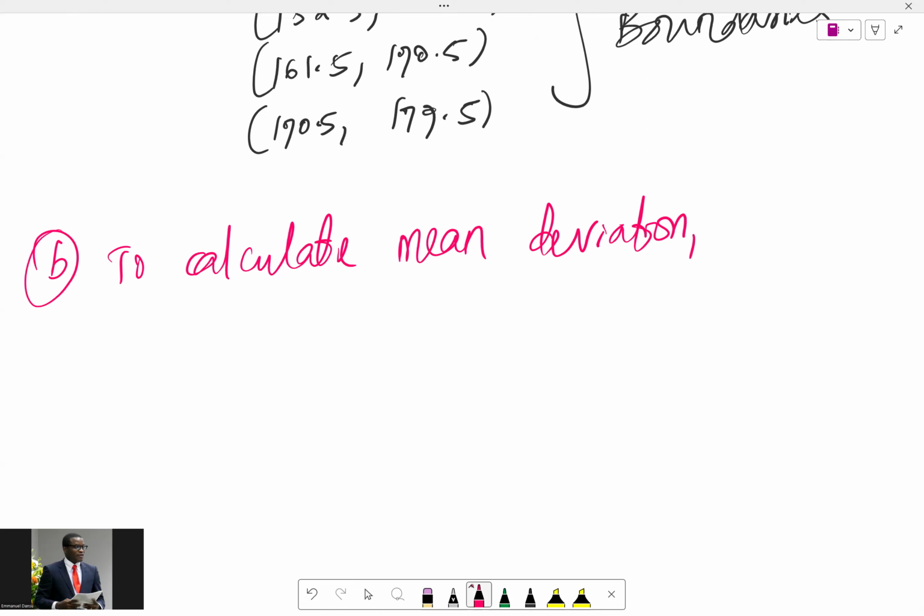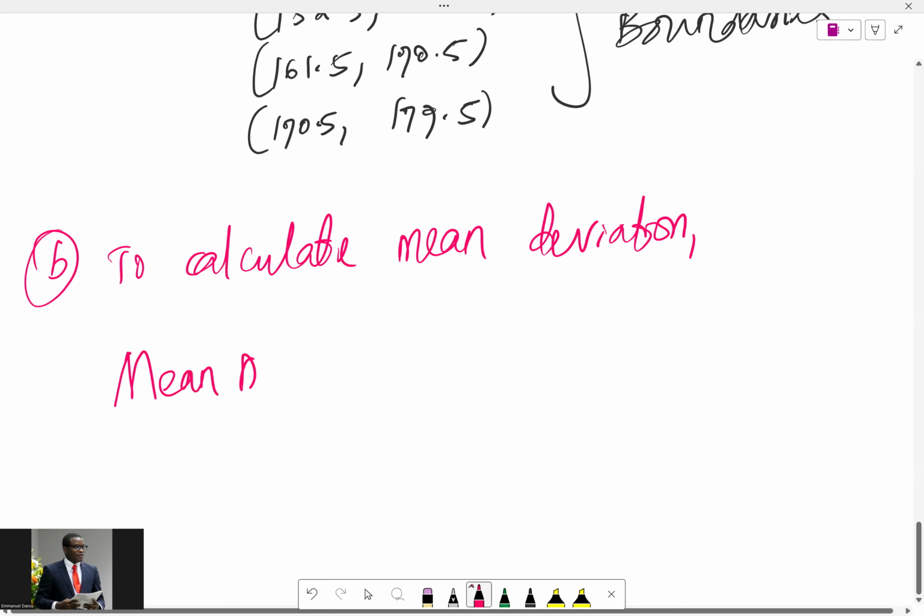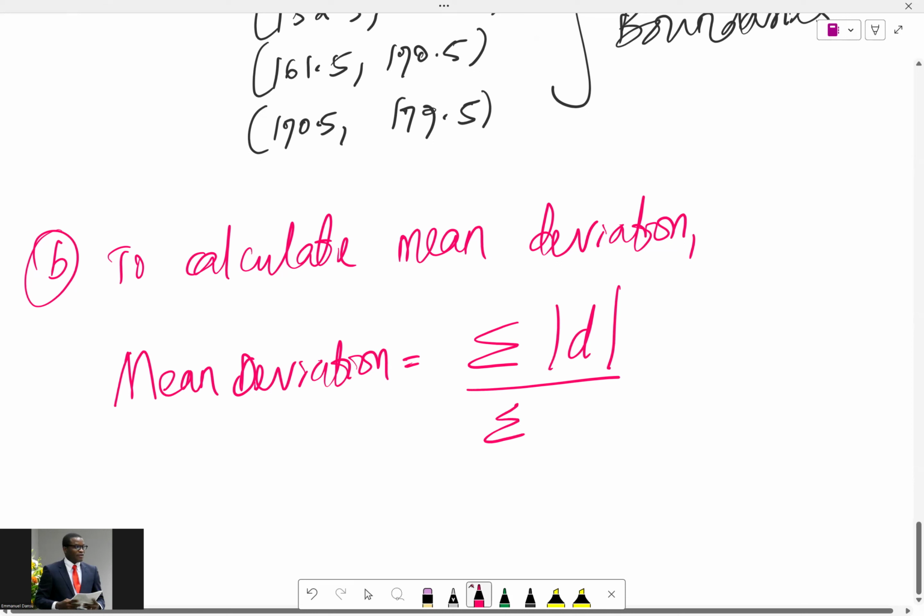Let's just call it the full name. Mean deviation is the sum of the absolute value of all deviations divided by the sum of the frequency, or better still, since we have it in groups, we can say n. That's the number of numbers you have, so to speak.